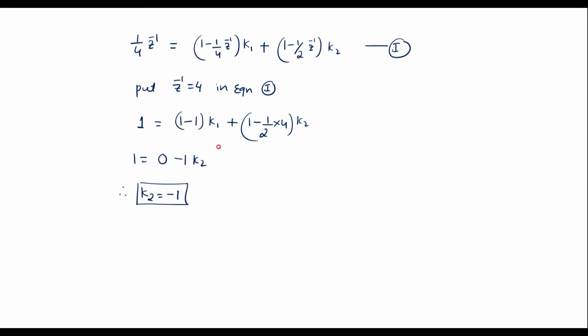Now to find k1, we'll try to make the k2 term equal to 0. Now put z inverse equal to 2. If you take z inverse equal to 2, this term will become 0.